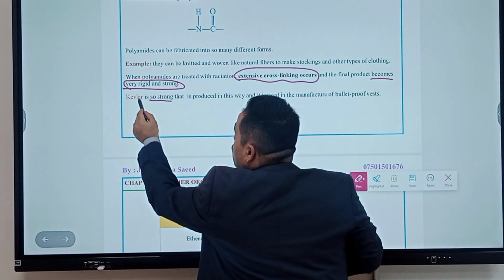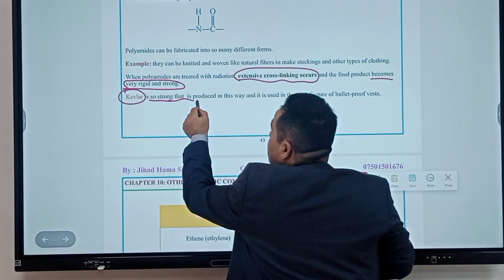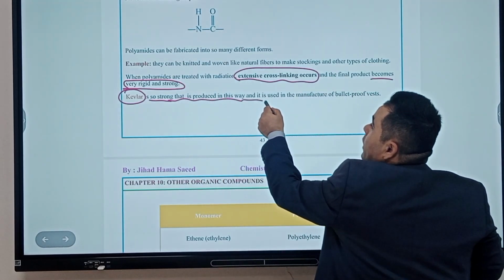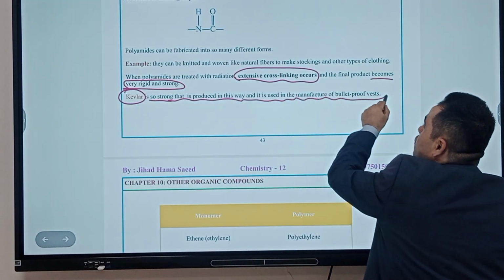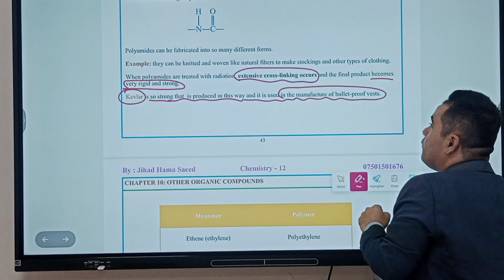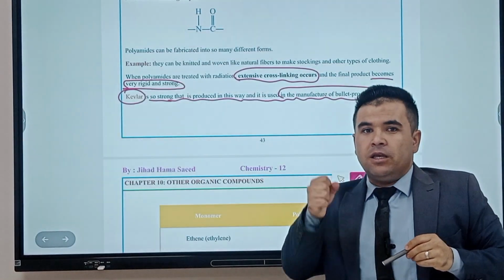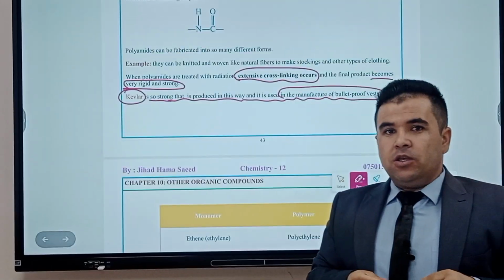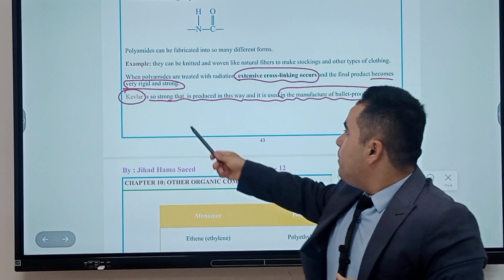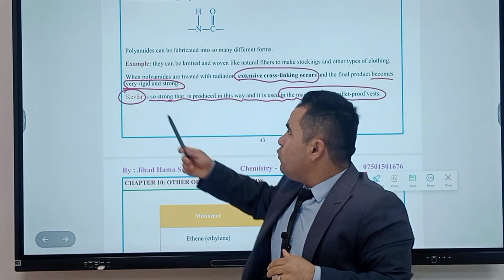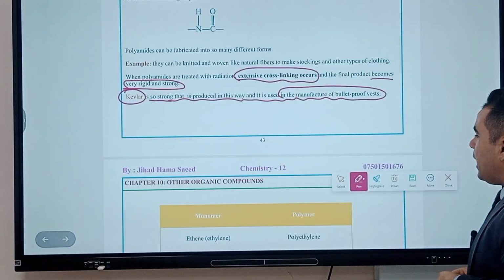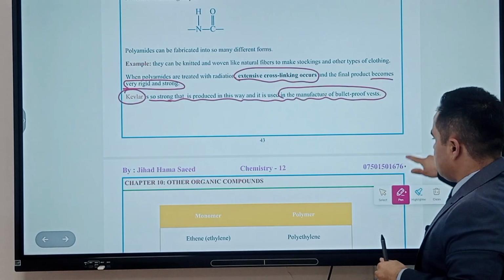Kevlar is so strong, produced in this way, and it is used in the manufacture of bulletproof vests that police use, made of Kevlar, which is a polyamide polymer.